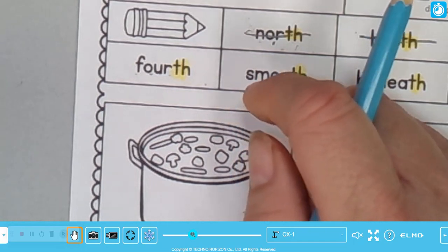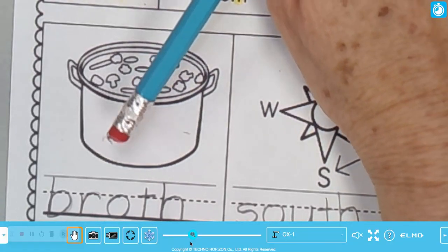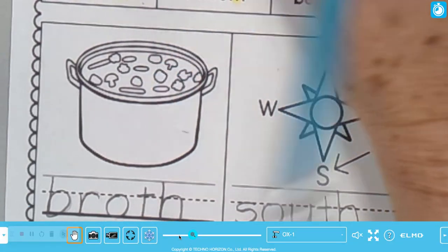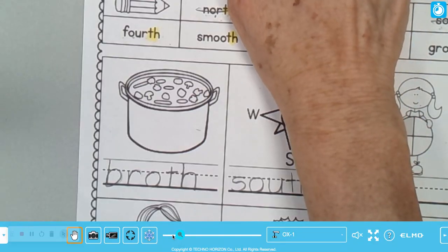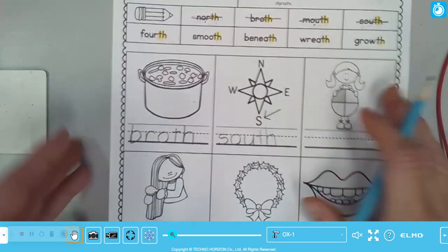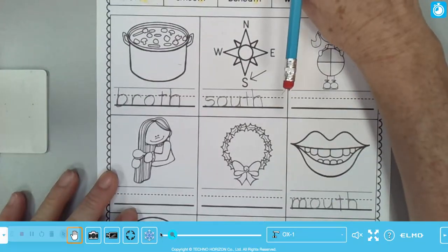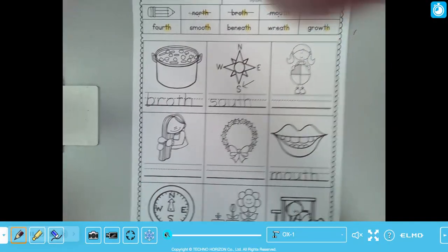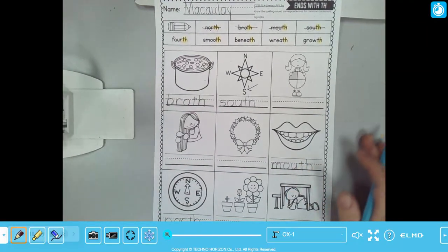So, lovies, which one of these pictures shows us fourth? Let me make it bigger so you can see. Okay, which one of these pictures shows us fourth?